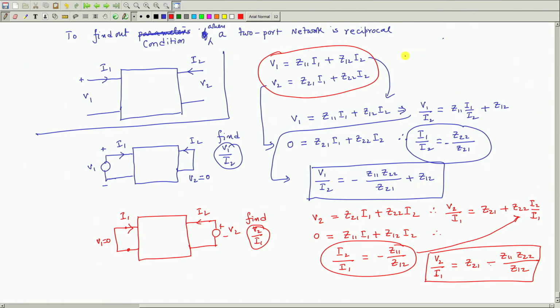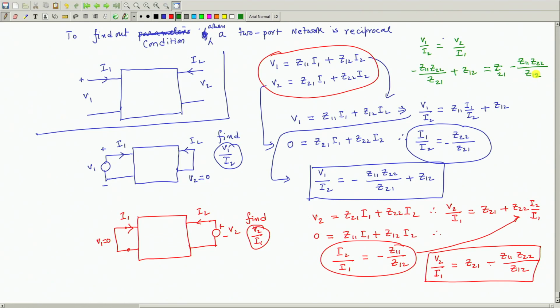So, I will say that equating V 1 by I 2 is equal to V 2 by I 1. It will give you minus Z 1 1 Z 2 2 divided by Z 2 1 plus Z 1 2, that is this quantity should be equal to this quantity, that is Z 2 1 plus minus Z 1 1 Z 2 2 by Z 1 2.